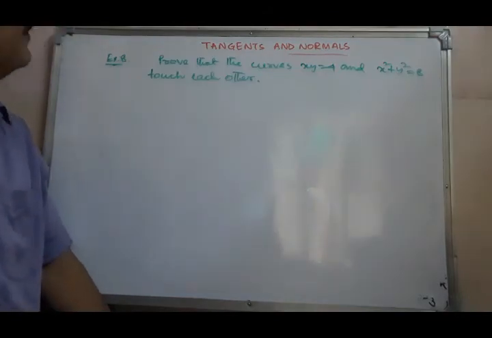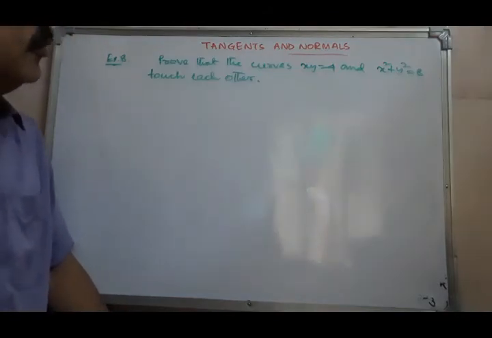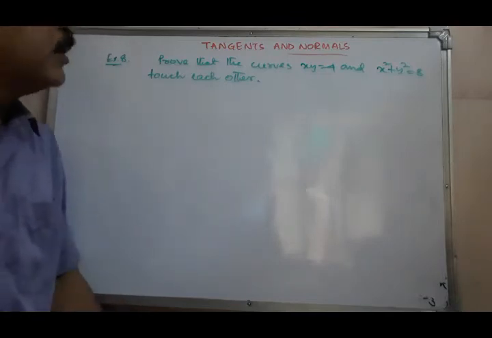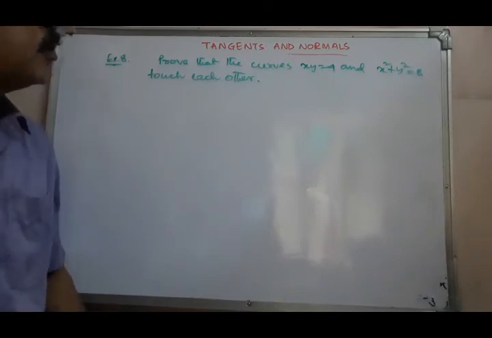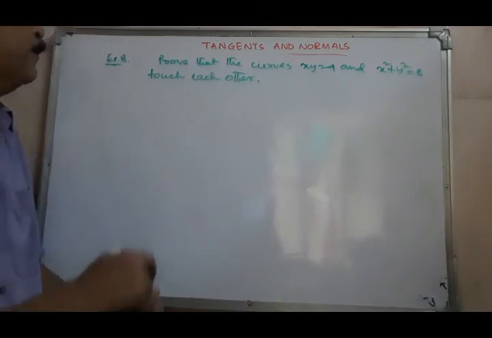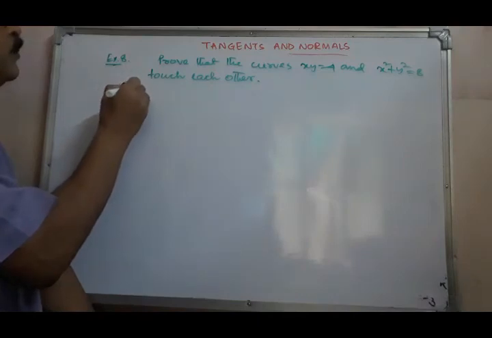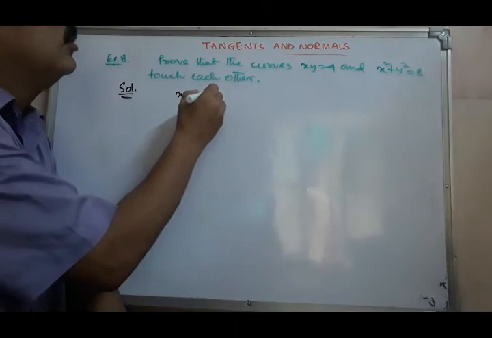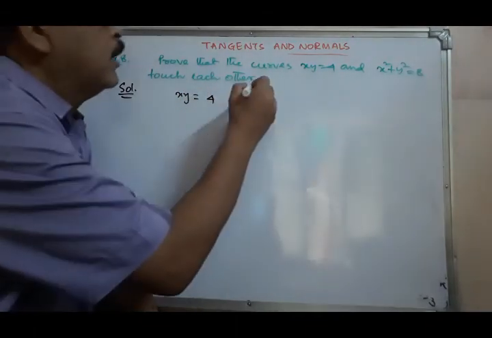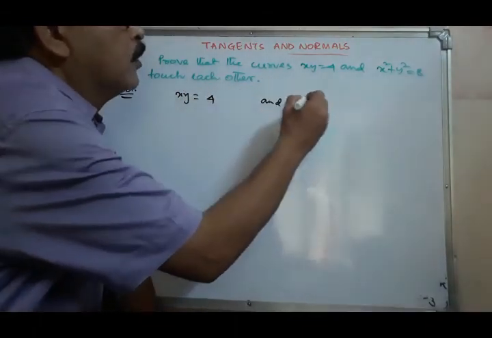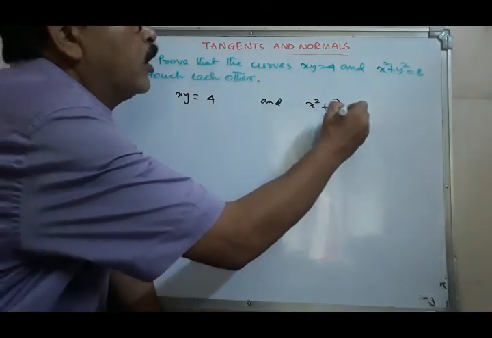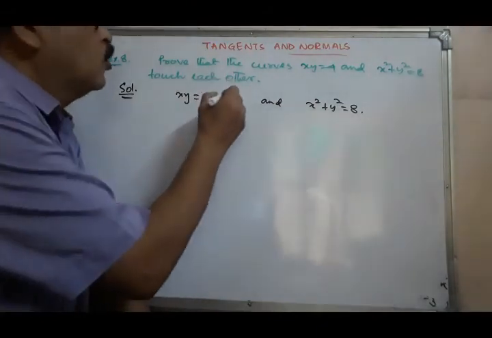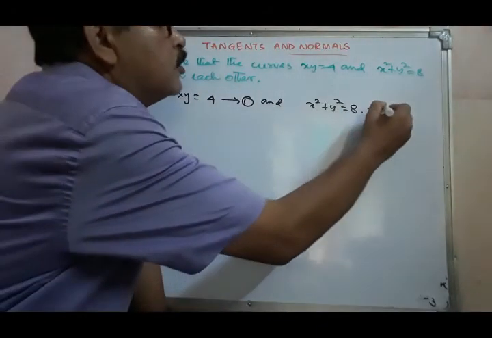Sum number 8. Prove that the curves xy equal to 4 and x square plus y square equal to 8 touch each other. It means actually you have to prove the angle of intersection of the two curves is 0 degree. So solution. First curve xy equal to 4 and the second curve x square plus y square equal to 8. So consider it is 1 and consider it is 2.